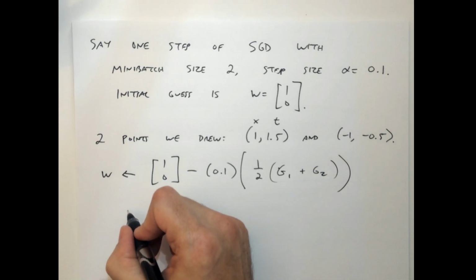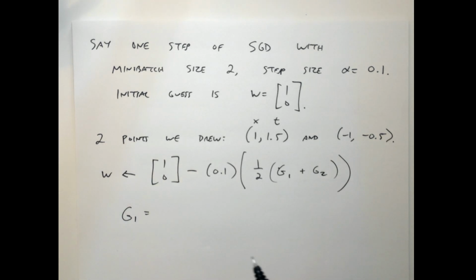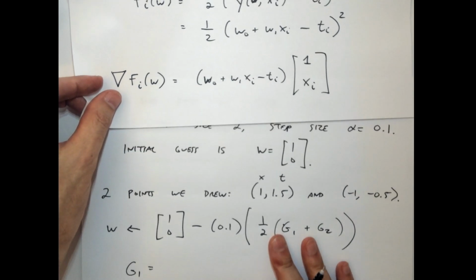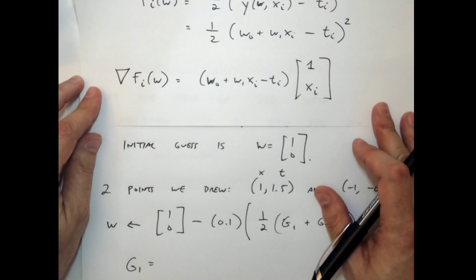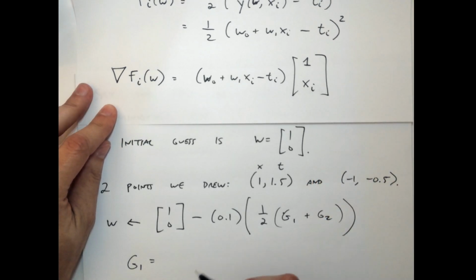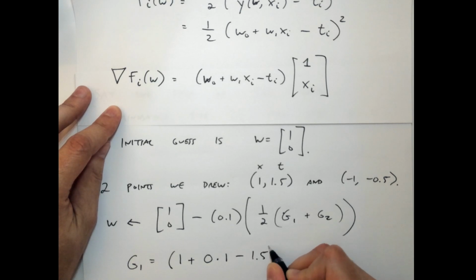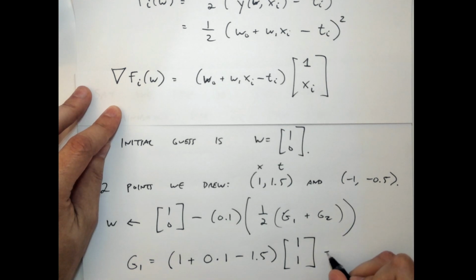So let's think about what these gradients are. The gradient at the first point is basically saying, what is the error that I have? It's W0 plus W1 times x minus the target, times the vector 1, x.